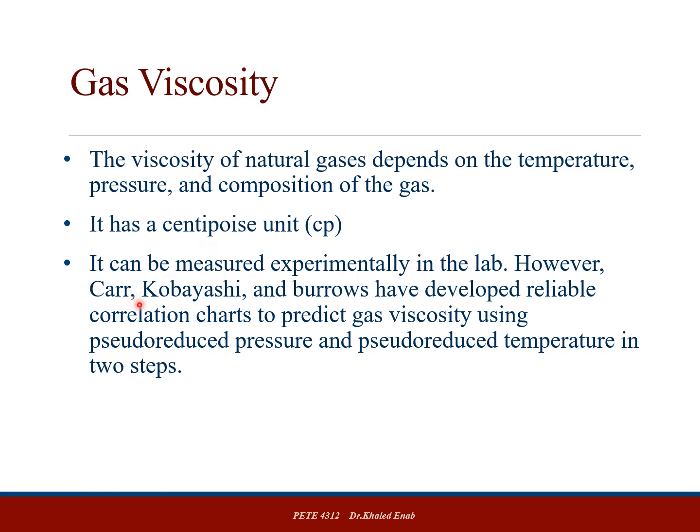However, Carr, Kobayashi, and Burrows have developed reliable correlation charts to predict gas viscosity using pseudo-reduced pressure, which we already know how to calculate, and pseudo-reduced temperature in 2 steps. This correlation is very reliable, with low error recorded, so we highly depend on it.